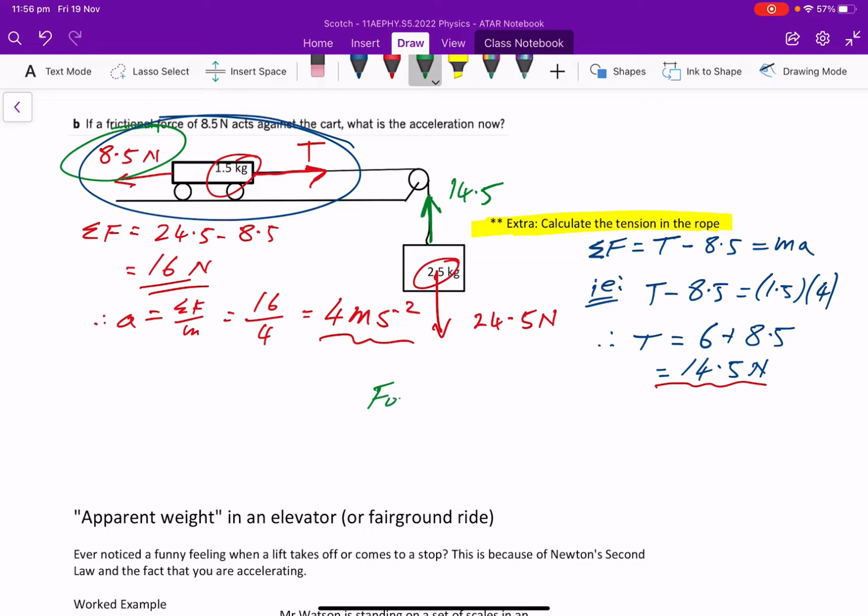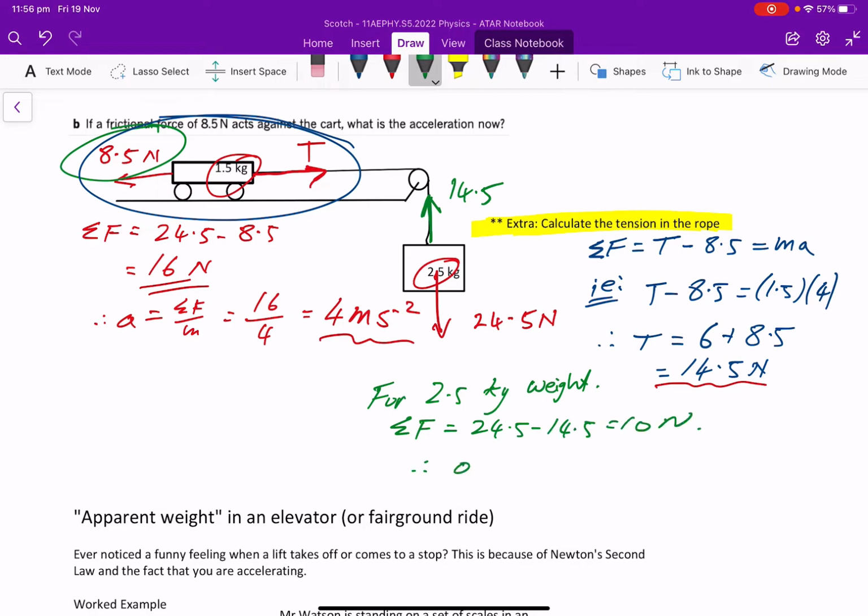for the 2.5 kilo weight, what do we know? The net force is equal to 24.5 subtract 14.5 equals 10 newtons.